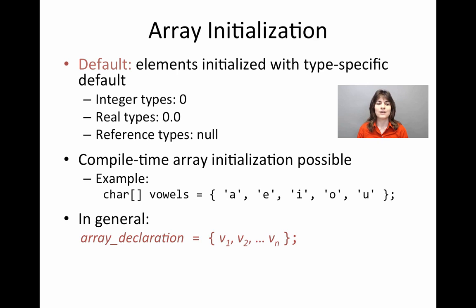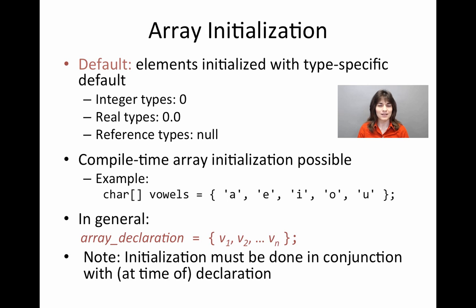In general, we have the declaration of the array variable, and then at the place where we would create the array by saying new char of 5, for example, instead of doing that, we provide the curly braces and as many values as elements that we want. This is the way to initialize an array upon declaration. As I have mentioned several times already on this slide, the initialization must be done at the same time as the declaration.